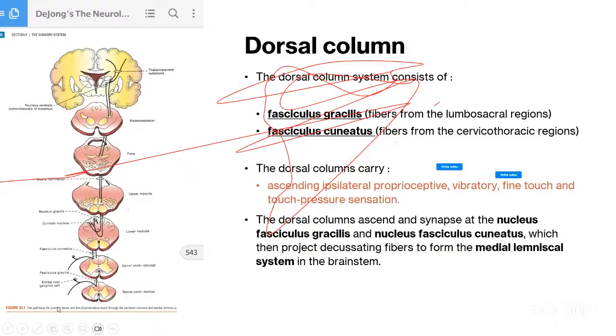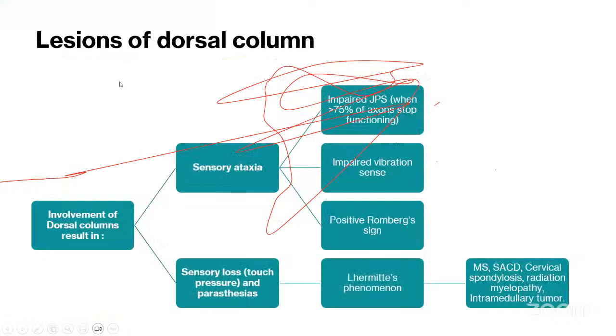They ascend and synapse at the nucleus gracilis and nucleus cuneatus, then project decussating fibers to the medial lemniscus system. The decussation is seen here, and it goes up through the thalamo-parietal radiation and ends in the cortex.